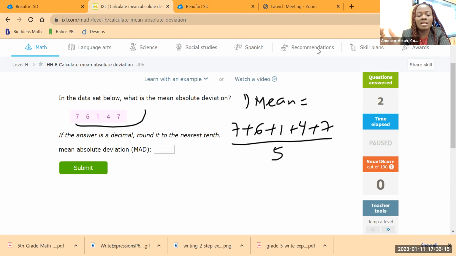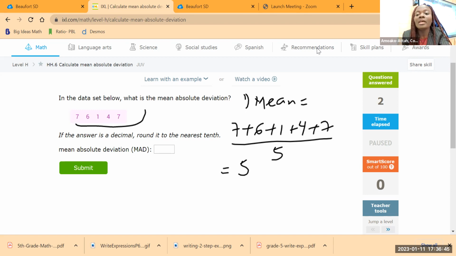Good. So let's add these together. As I'm doing it, you also do it. 7 plus 6 is 13, plus 1 is 14, plus 4 is 18, and 18 plus 7 gives us 25. 25 divided by 5 gives 5, so 5 is your mean.